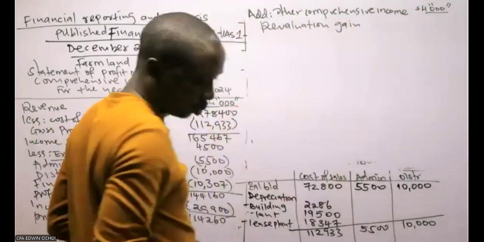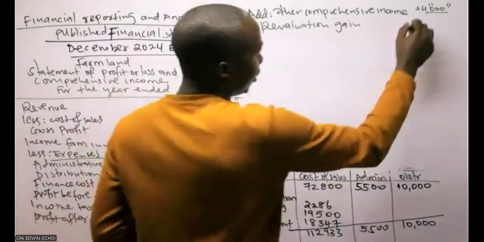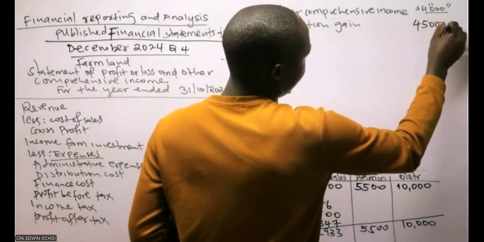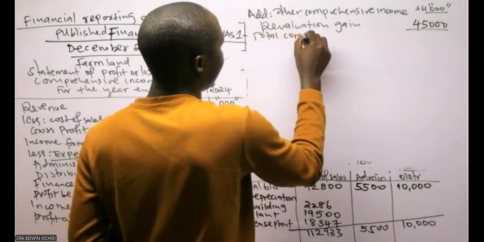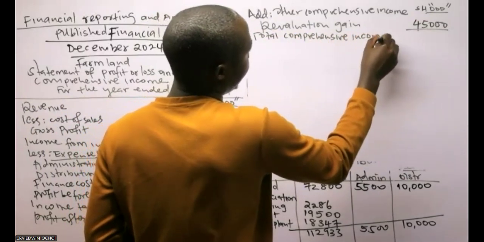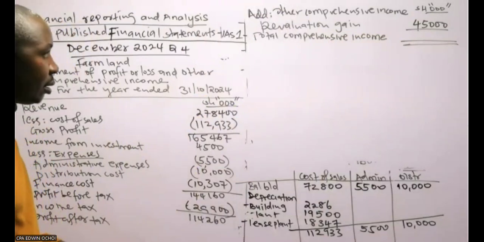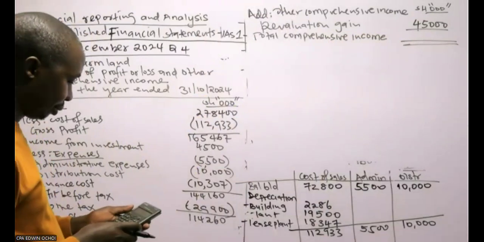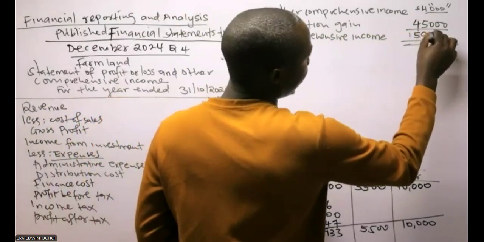The revaluation gain, I think it was 45,000 for the land and buildings. Total comprehensive incomes. The total comprehensive incomes will be 114,260 plus 45,000, which is 159,260.